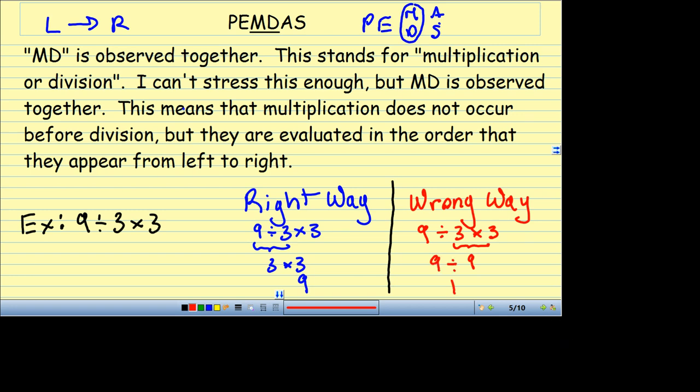You get the answer of 1, and I'm like, wrong. It ain't 1. The answer's 9. So understand, you do multiplication or division, the first one you see from left to right. Okay? Left to right. And you got to remember that.